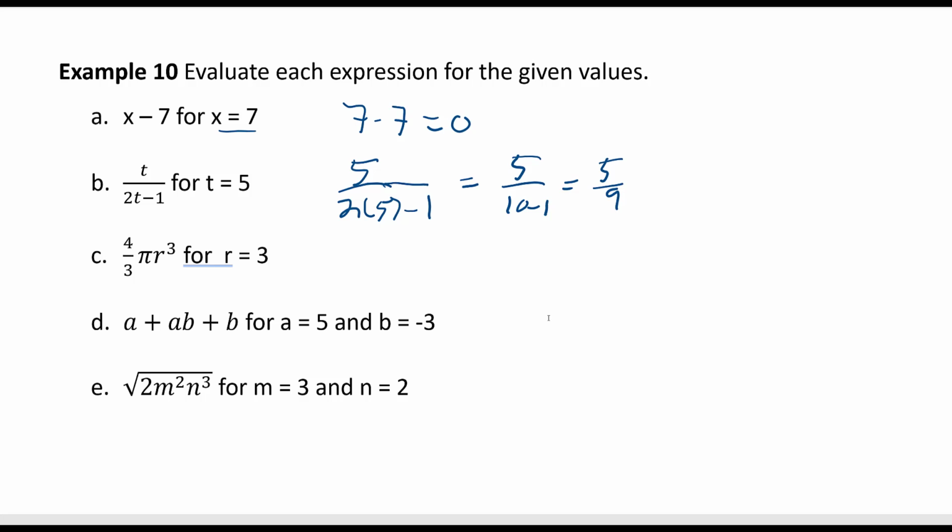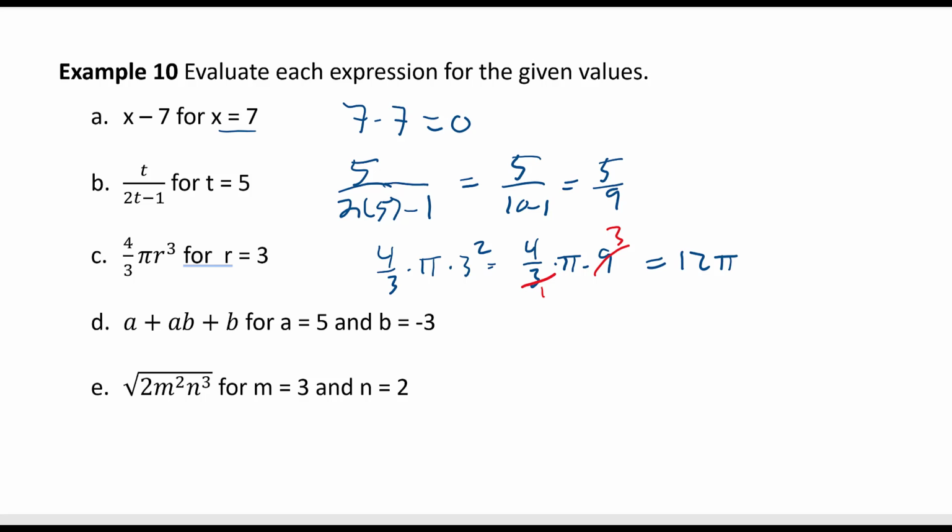Next one, we're going to put the 3 in there for r. So it's 4/3 times pi times 3 squared. That's 4/3 times pi times 9. The 9 and the 3 will reduce. So 4 times 3 is 12, and the pi is still there.